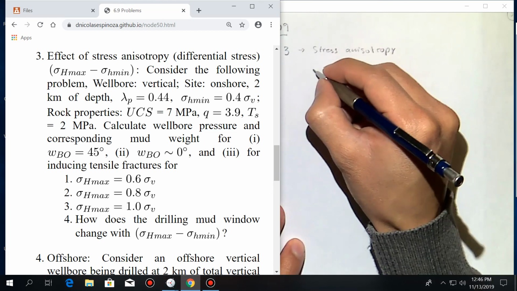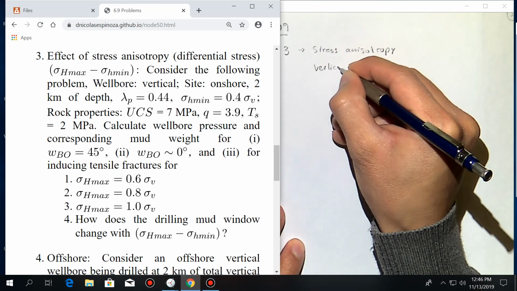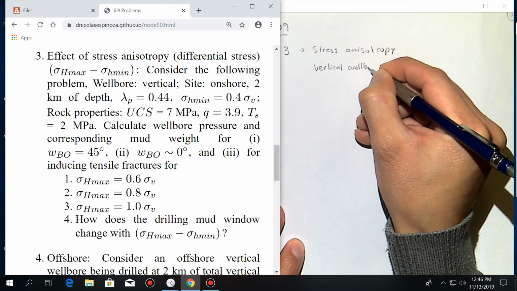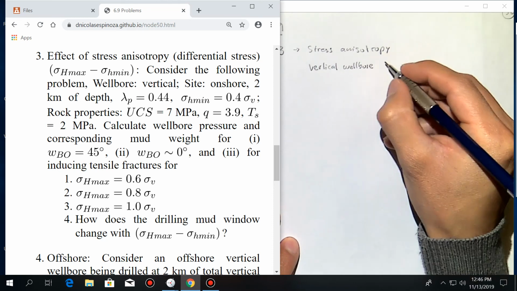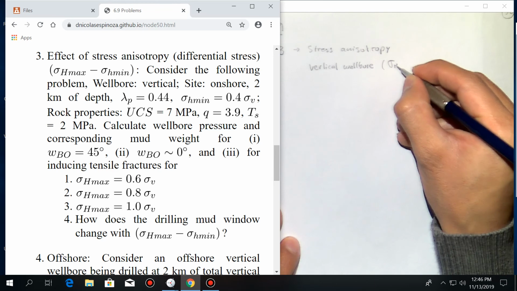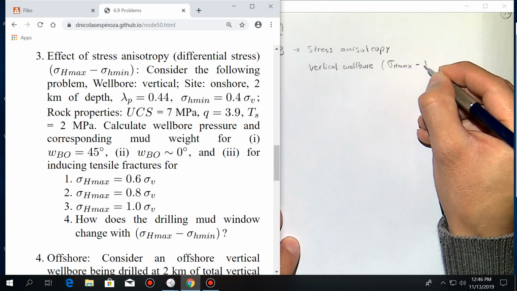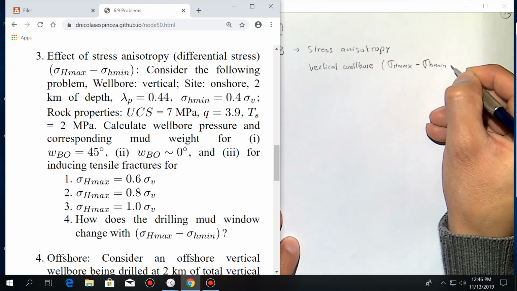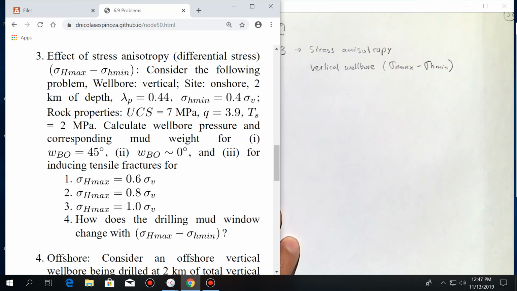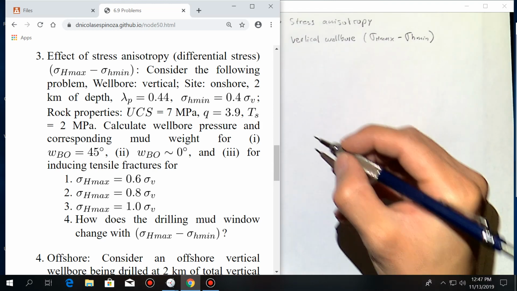And for a vertical wellbore, we're interested in the difference between sigma h max and sigma h min. That's a stress anisotropy. The bigger this quantity is, the more contrast of stress you're going to have around the wall of the wellbore.